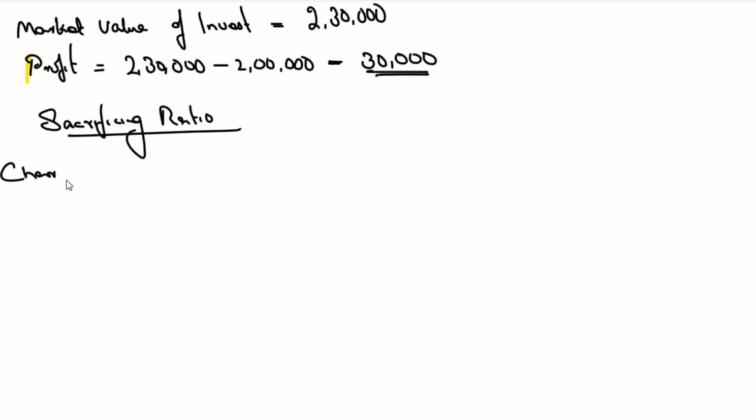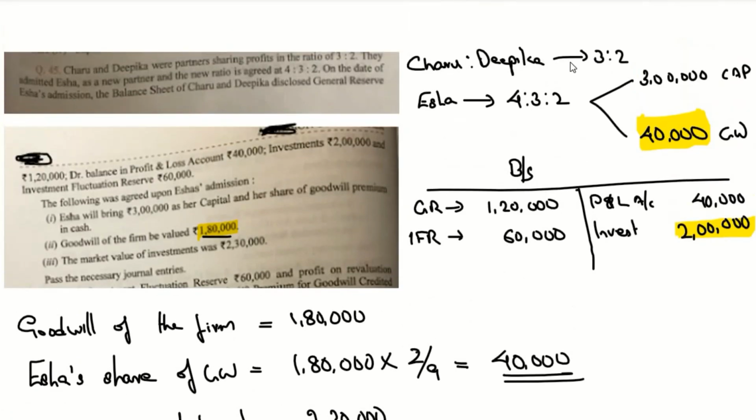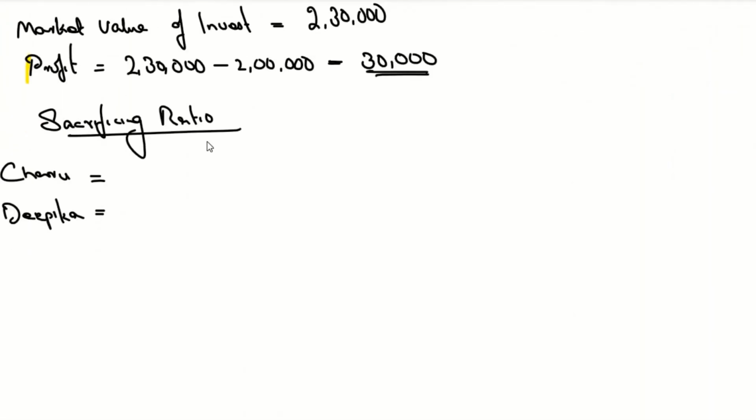So we have Charu and we have Deepika. Okay, the old profit sharing ratio of Charu is 3 by 5 and the new profit sharing is 4 by 9. Okay, we have Charu 3 by 5 minus 4 by 9. That is equal to 27 minus 20 by 45.